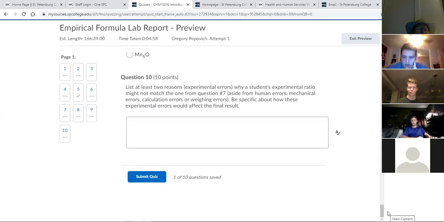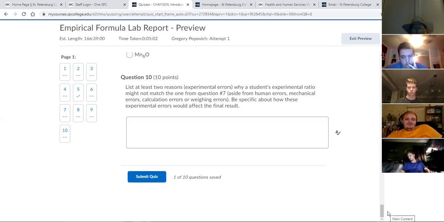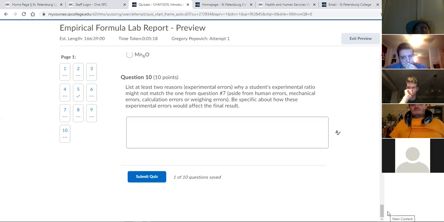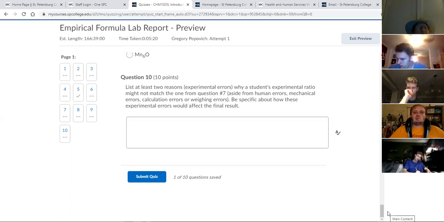All right, let me give you one. Don't use gloves? No, I want to know what's going to affect the experiment so that it affects your results. One example: you do not heat up the magnesium sufficiently and you do not convert all of the magnesium.